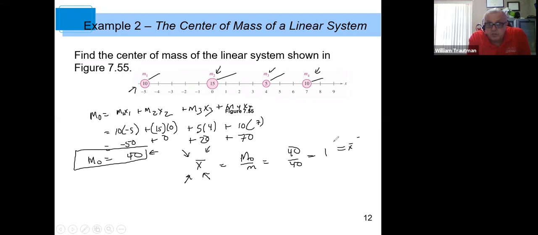So this is our fulcrum. So right here, at 1, that's where our fulcrum's at, and that's where the seesaw or teeter-totter, whatever you call it, is at equilibrium.